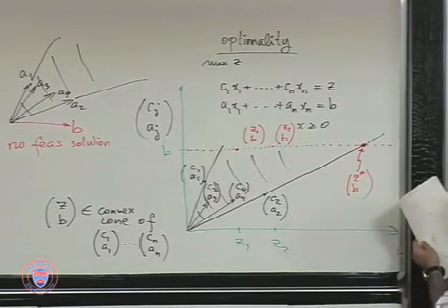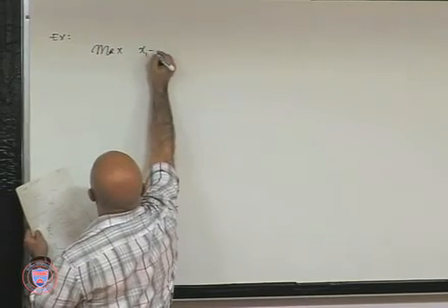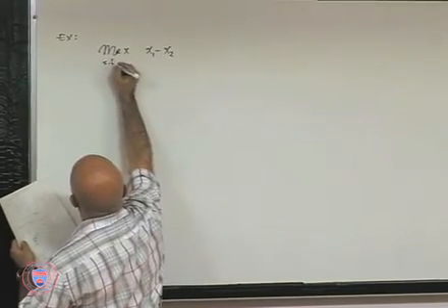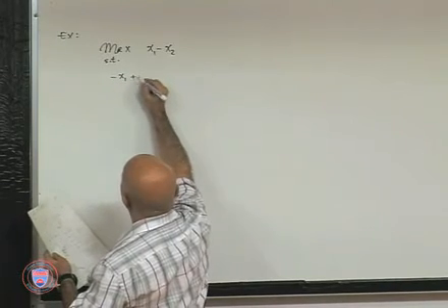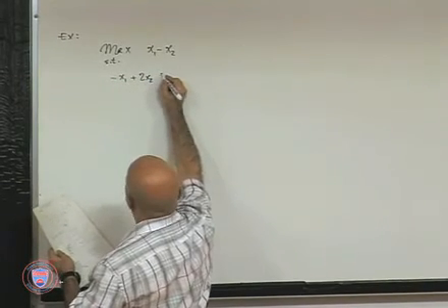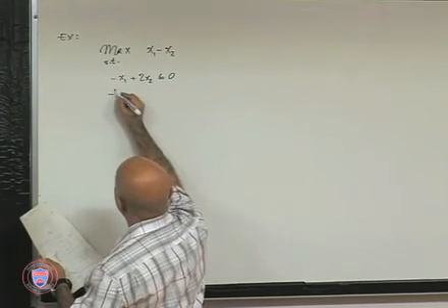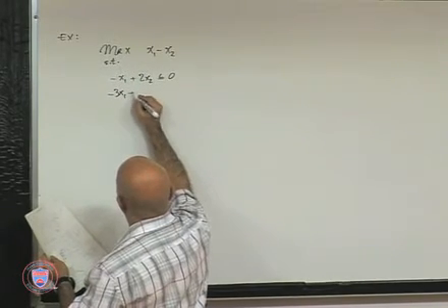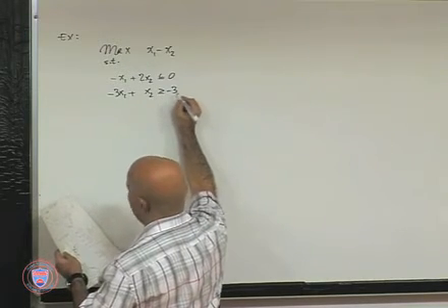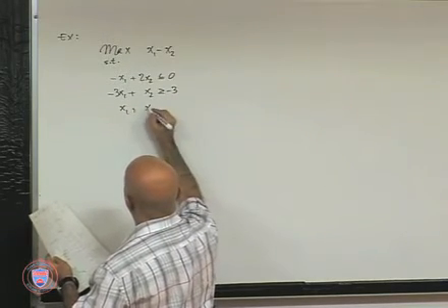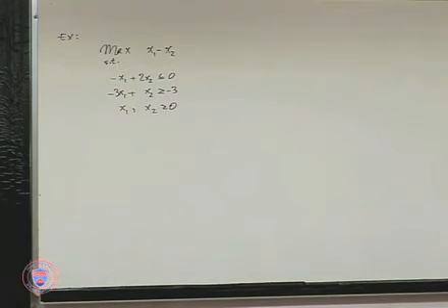Here's a numerical example. Maximize x1 minus x2 subject to minus x1 plus 2x2 less than or equal to 0, and minus 3x1 plus x2 greater or equal minus 3, with non-negative restrictions on both variables.